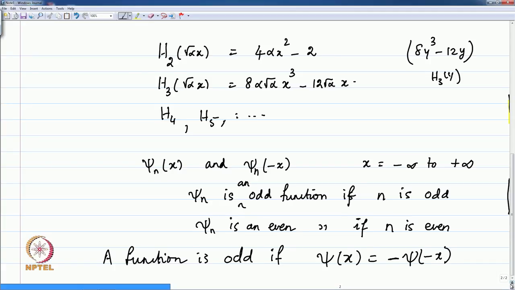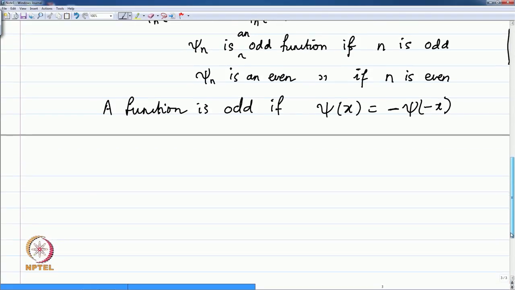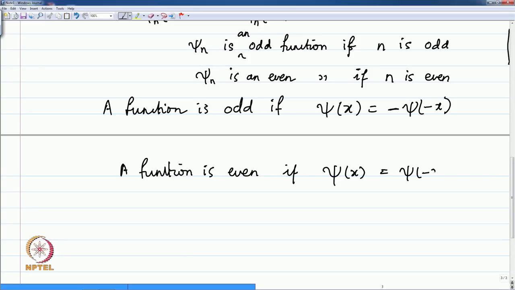Therefore, if the argument is negative, then the function changes sign. Okay. This is odd. A function is even obviously when this does not happen, that is, if psi of x is equal to psi of minus x.